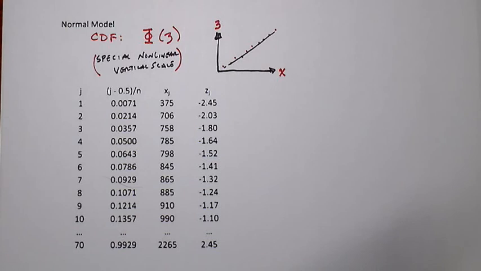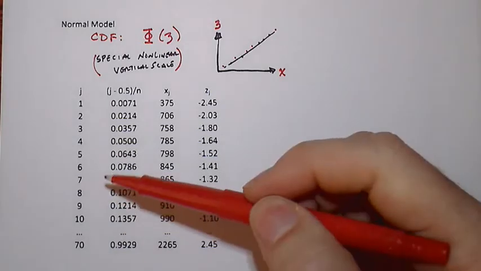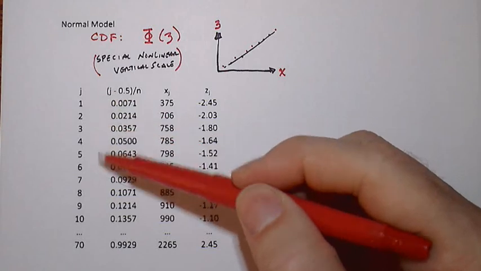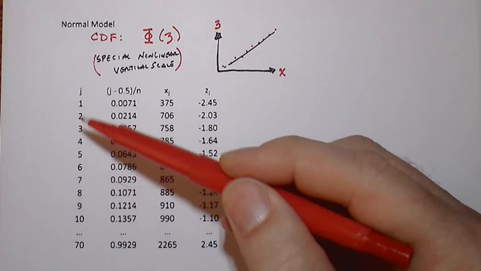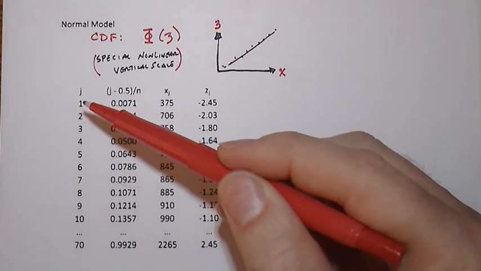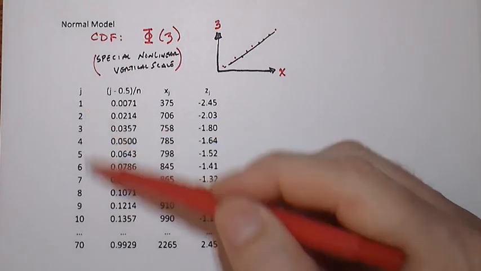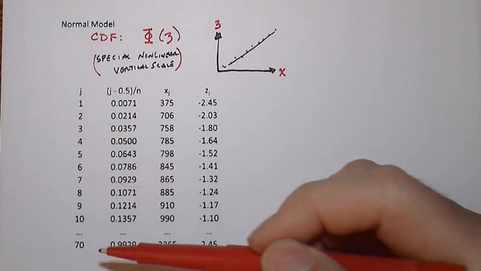Okay, so let's look at how we might do this for our 70 data points that are a part of our cyclic test setup. Right, and you're going to see that in my table here I've got 4 different columns. The first one is J, which is just the order of the data from 1 all the way up to the total number, which is 70 in this particular case.